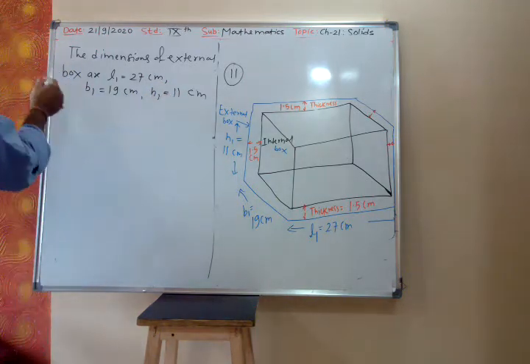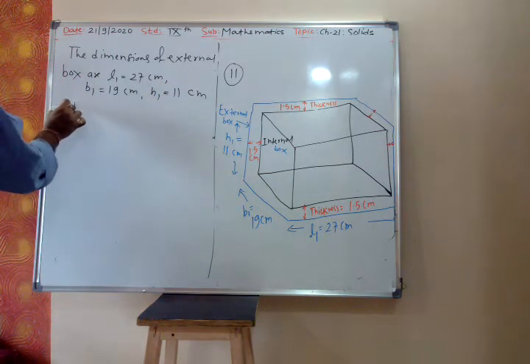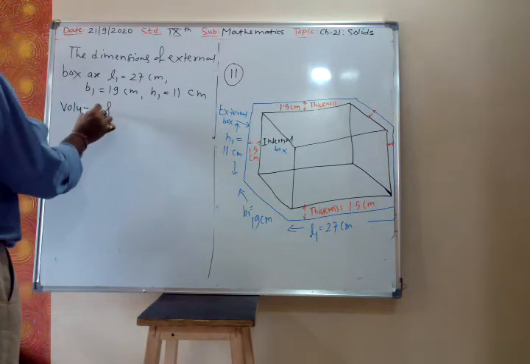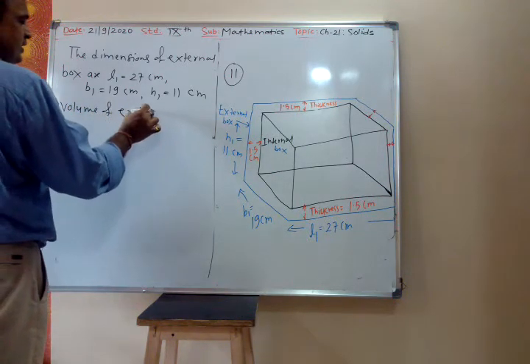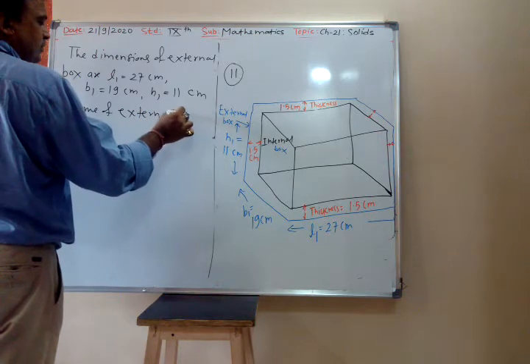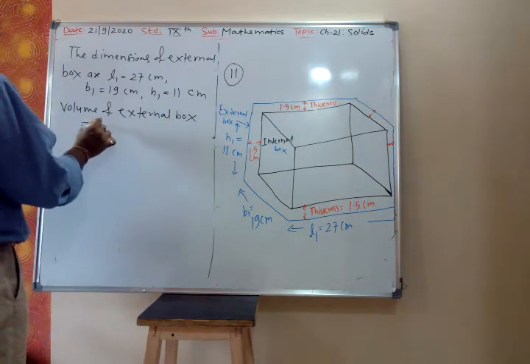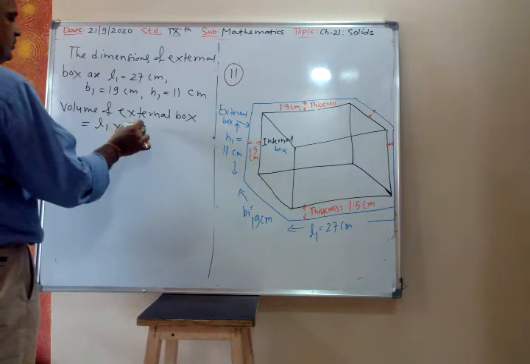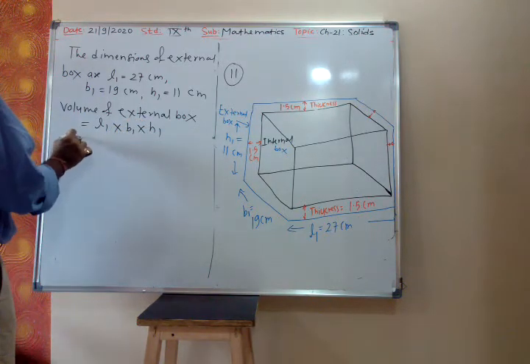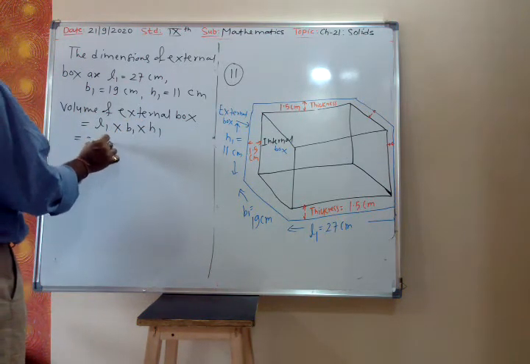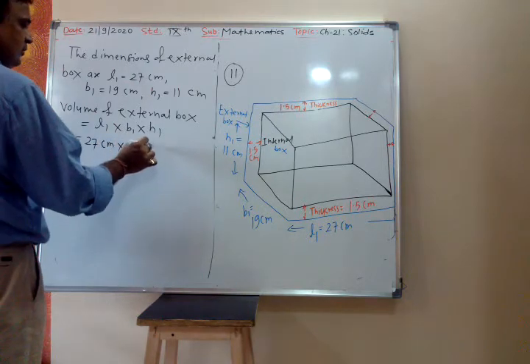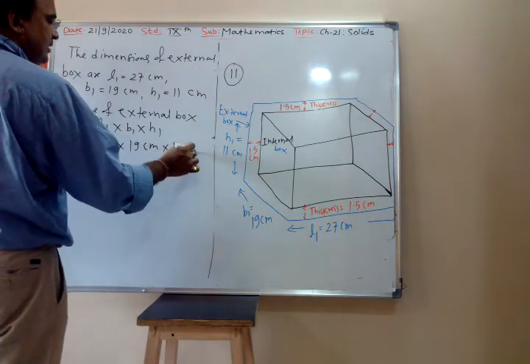So now we find the volume of the external box. What will be the volume of the external box? That is L1 into B1 into H1. 27 centimeter into 19 centimeter into 11 centimeter.